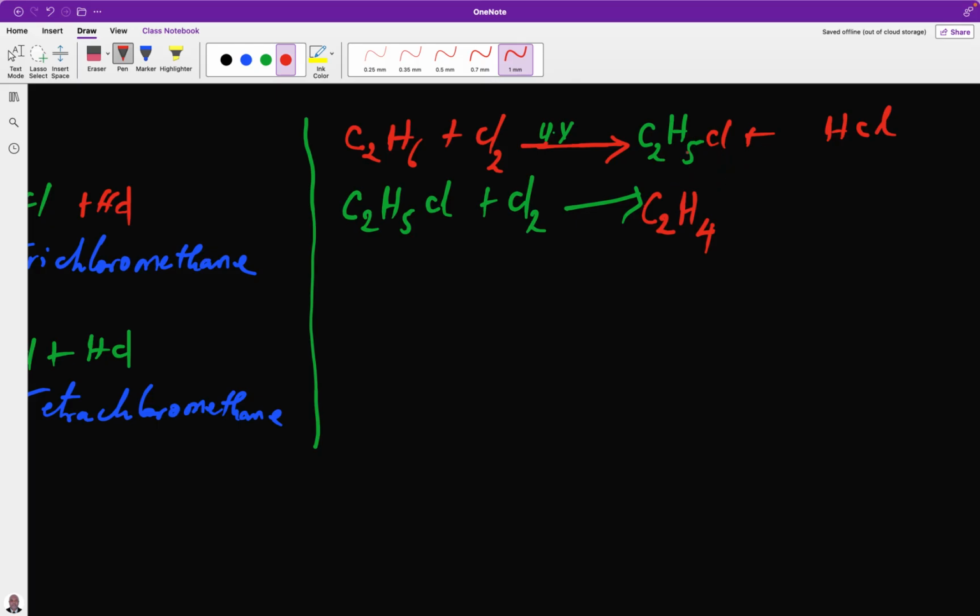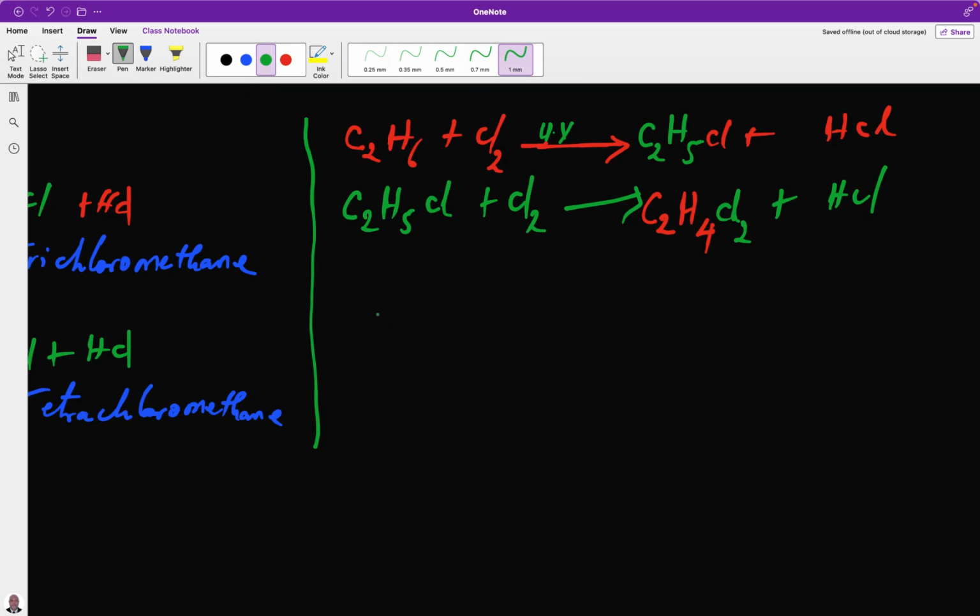So as the number of hydrogen atoms in ethane is decreasing, the number of chlorine atoms is increasing. So instead of Cl, it will be Cl2. The same thing goes: C2H4Cl2 plus HCl.